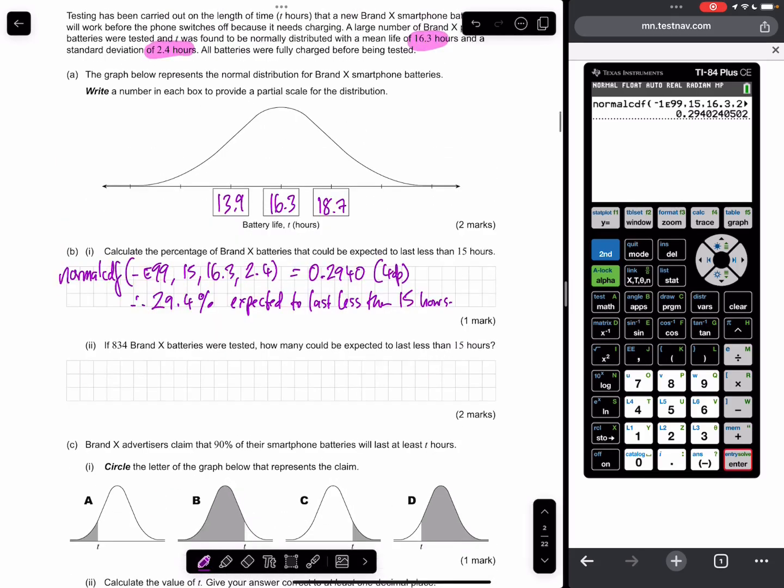If 834 brand X batteries were tested, how many could be expected to last less than 15 hours? I already have the decimal for less than 15. 0.294 times the 834 batteries.